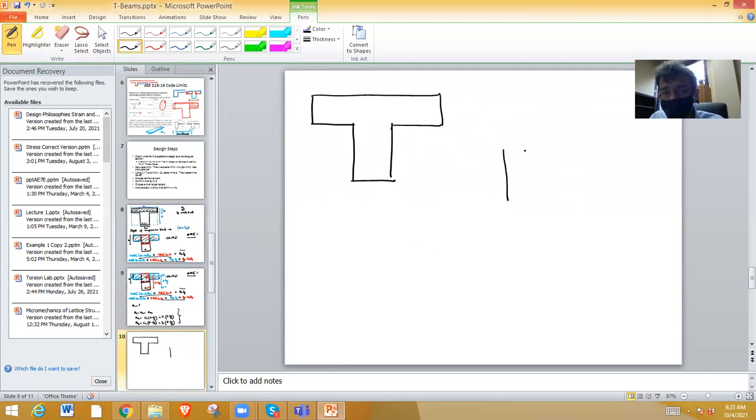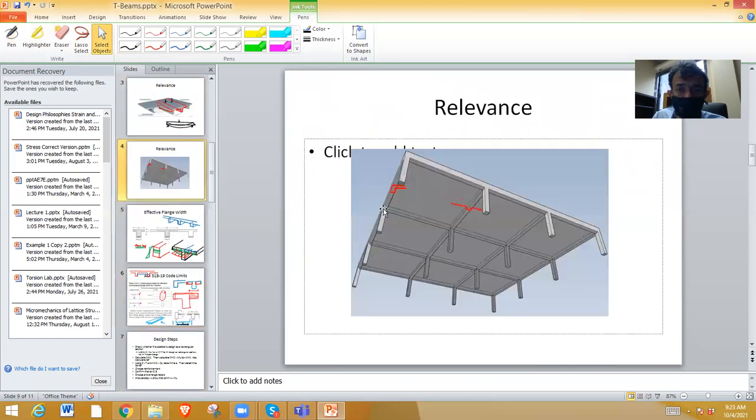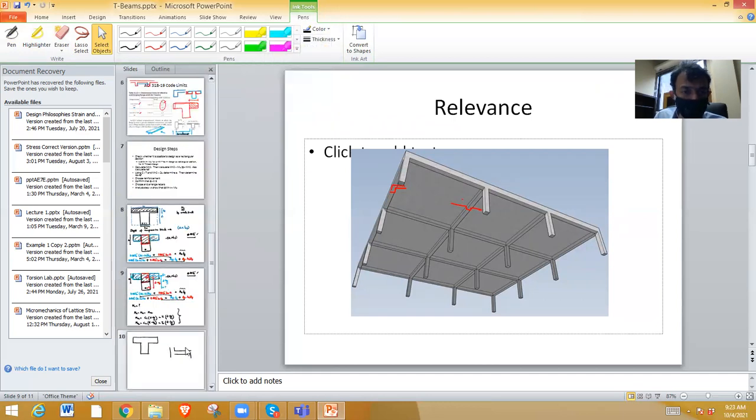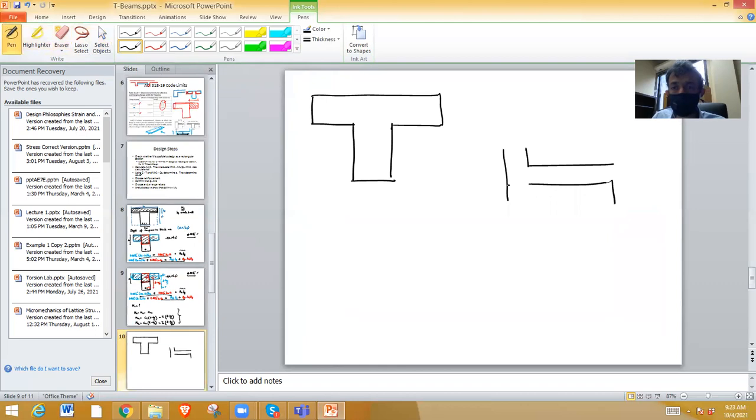If we take a continuous span, something like this, this is the slab and this is the beam.